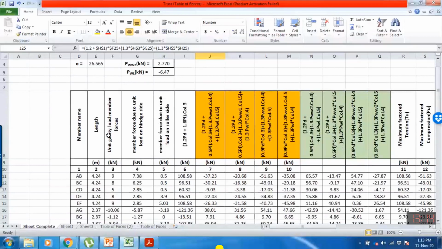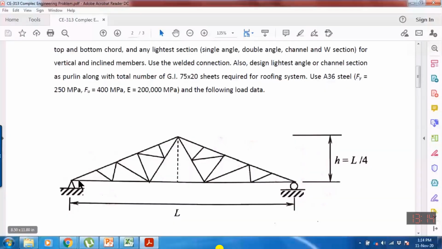You can give them the names 1, 2. He has given the names A, B, C with reference to the joints. So you can even assign numbers, or you can assign alphabets to the joints. If this joint is A and this joint is B, then this member will be AB. Or you can give them member numbers 1, 2, 3, 4, 5, 6, 7, 8, and so on.